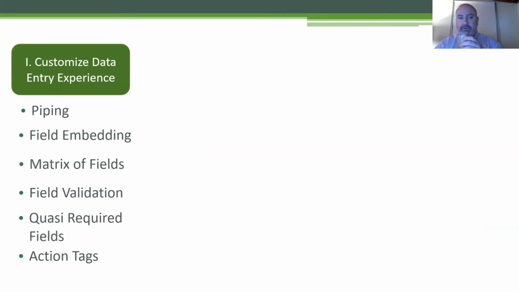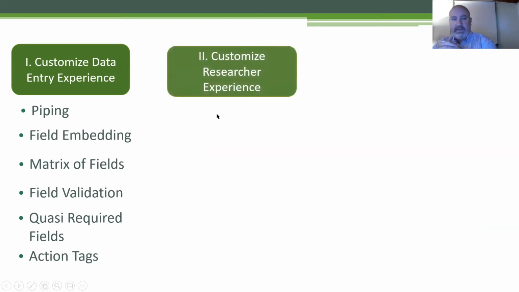So we're going to begin today with tips for customizing the data entry experience. This is going to include a brief overview of piping, field embedding, field matrices, field validation, quasi-required fields, and action tags. And then we're going to cover tips to customize the REDCap experience for researchers.